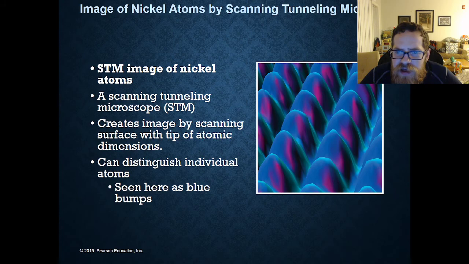here is an image of nickel atoms using a scanning tunneling microscope. And again, I use the word image on purpose. It's not a picture. This isn't seeing what they actually look like. They're not purple and pink up close. Rather, we can use a scanning tunneling microscope to scan the surface with a very fine needle, a very small tip.